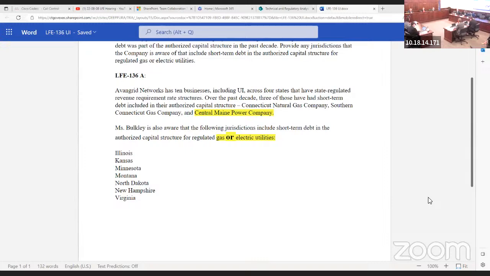Sure, I can start and I think the rest of the panel will have some insights as well. Good insight and good question, because I had similar questions when Dak did some research. In this particular question, we were looking at the past decade, and it seems like the Maine Commission, not only for CMP, but also for the other large electric utility in state, Versant, has included short-term debt in that permanent capital structure for quite some time.